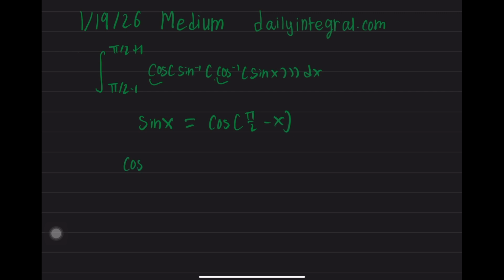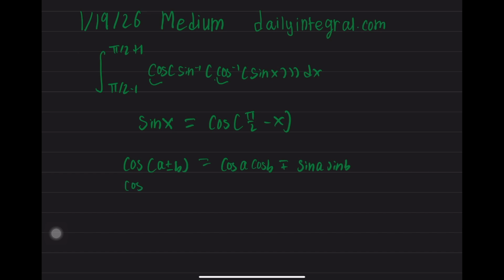We have cosine of a plus or minus b is equal to cosine a cosine b minus or plus sine a sine b. This is just a sum and difference formula.